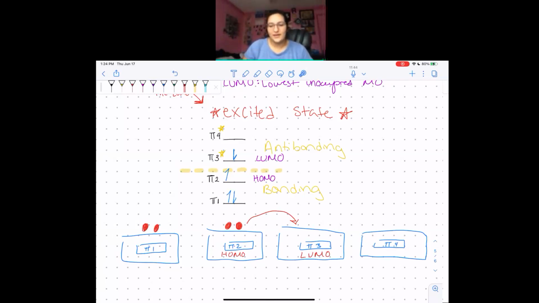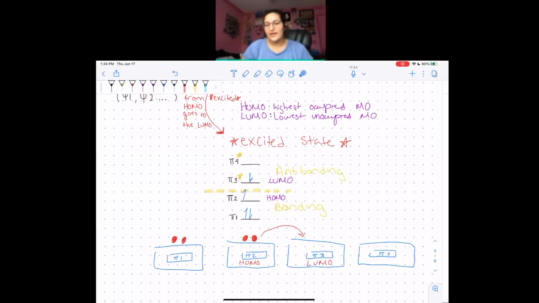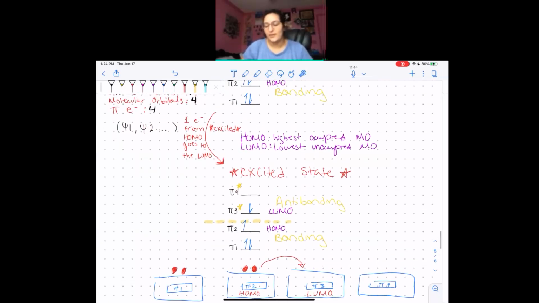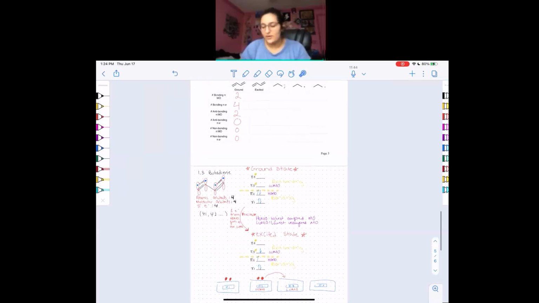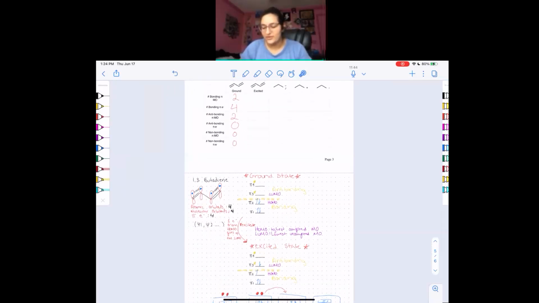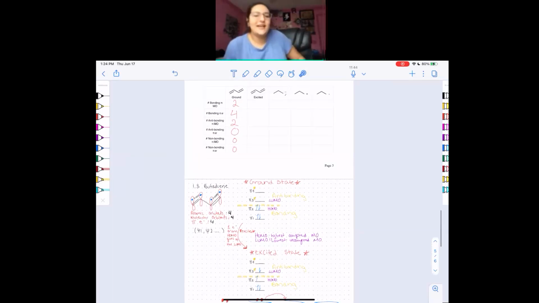So with that in mind, I'm going to zoom out, but if you guys can't see it, we can zoom in a little bit. So let's answer our questions. In the excited state, are the baskets changing? Yay or nay? No. Okay. So the number of bonding orbitals is still 2.